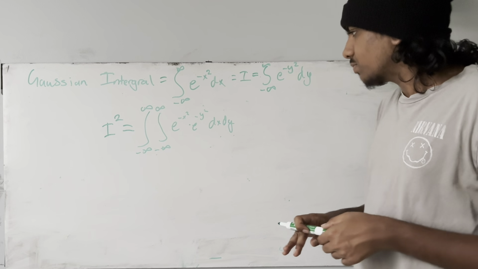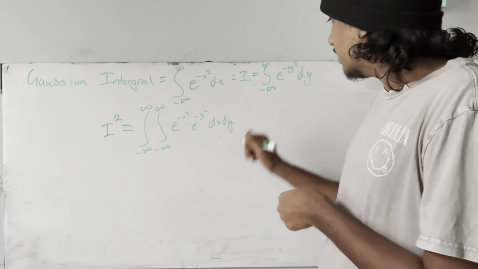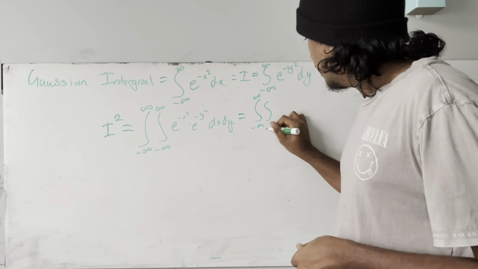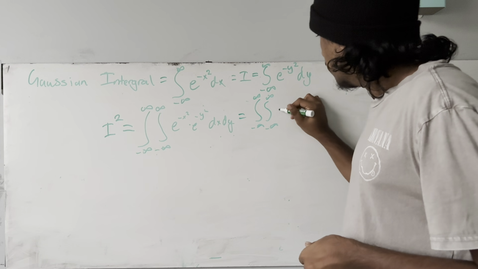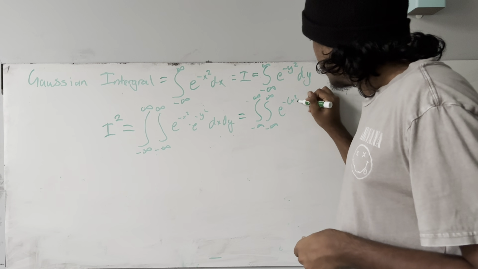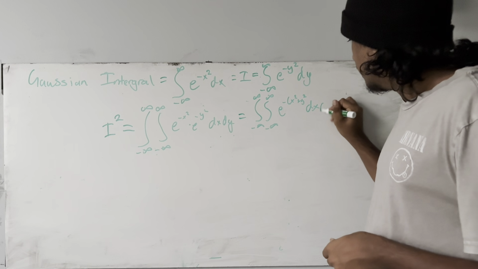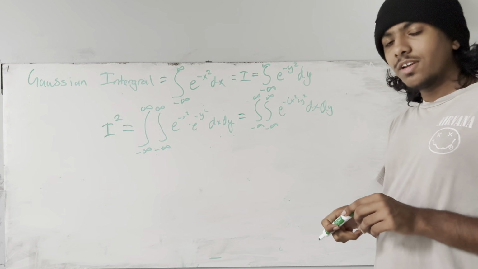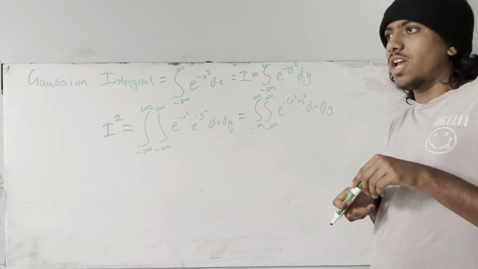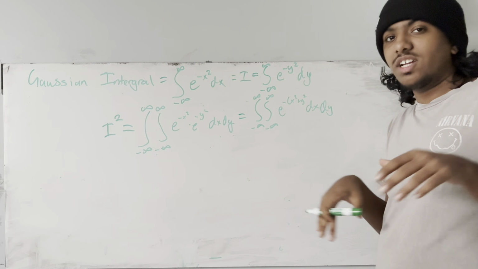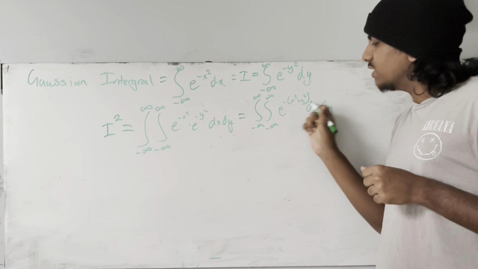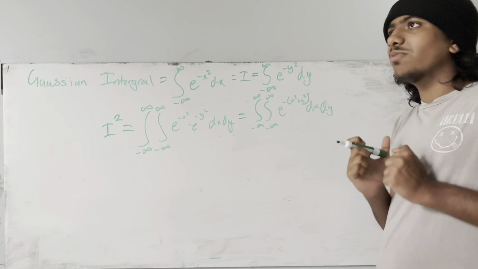Now, let me rewrite this. That's the same thing as the integral from negative infinity to infinity of e to the negative x squared plus y squared dx dy. If you have done any surface or area integrals, double integrals in your life, this is the biggest give me known to mankind.